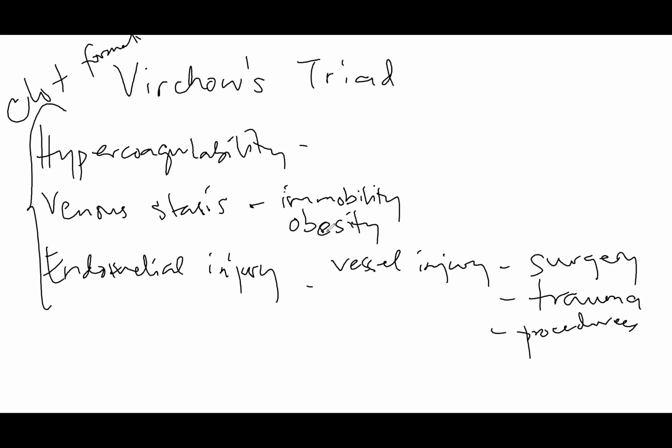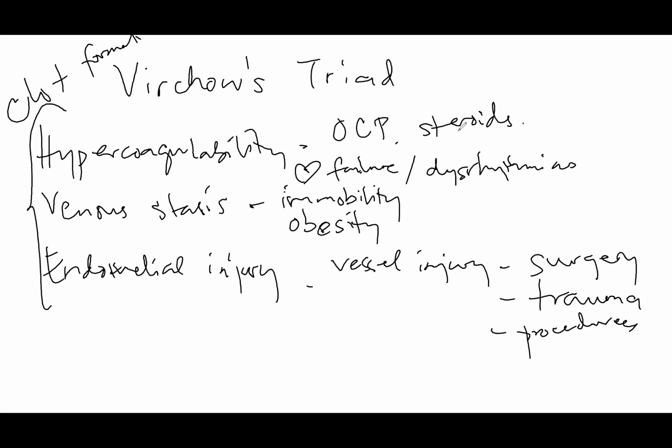It could also be from heart failure, dysrhythmias, namely AFib, A-flutter. Hypercoagulable conditions, examples are people taking oral contraceptive pills, for instance, or you're on steroids. Cancer, and then many others.